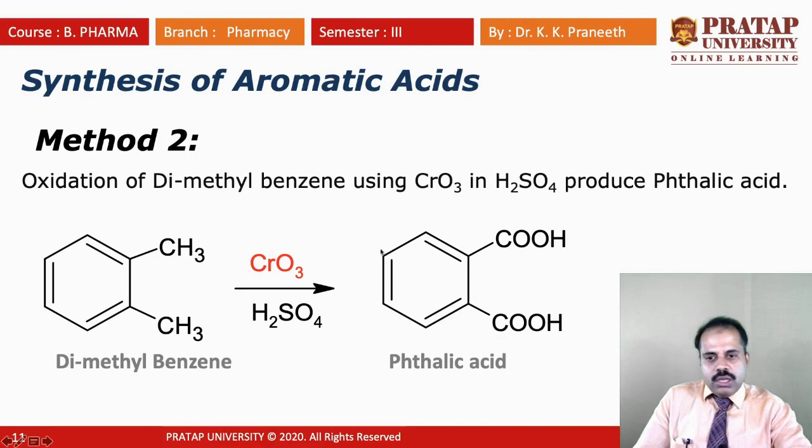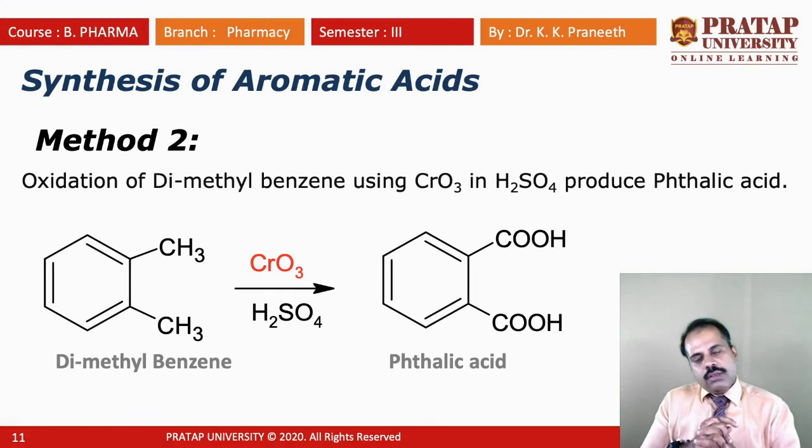So how many oxygens are added here? 4 oxygens are added, and 4 hydrogens have been removed. Only 6 hydrogen atoms here, here only 2. So if you use the same oxidizing agent, made a little more powerful by adding some acid, you get the carboxylic acid groups attached, or phthalic acid.